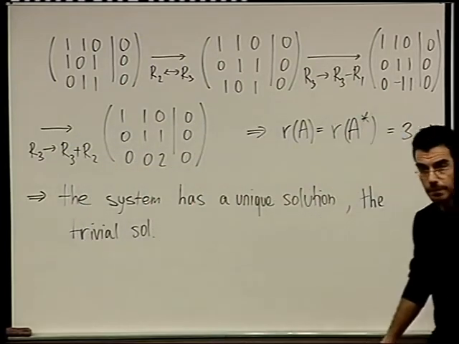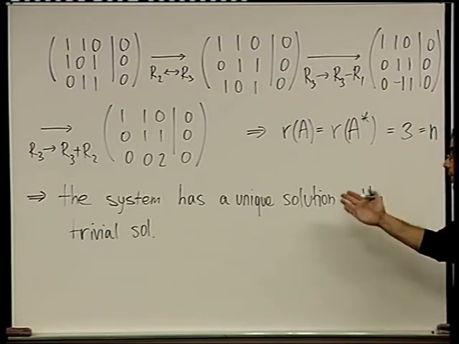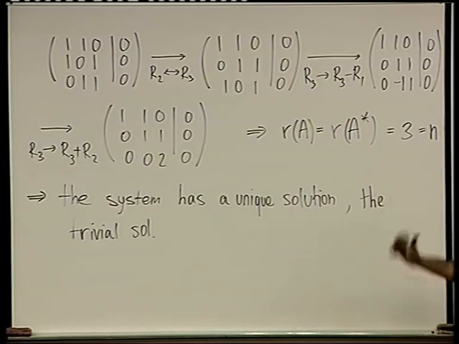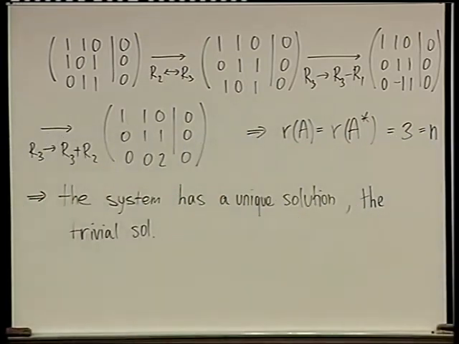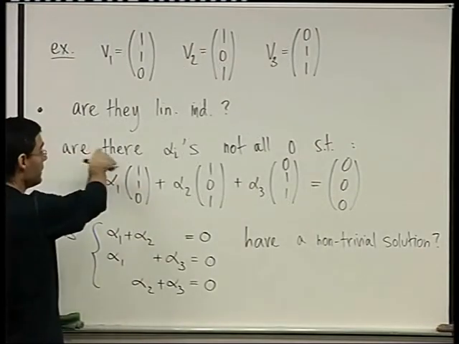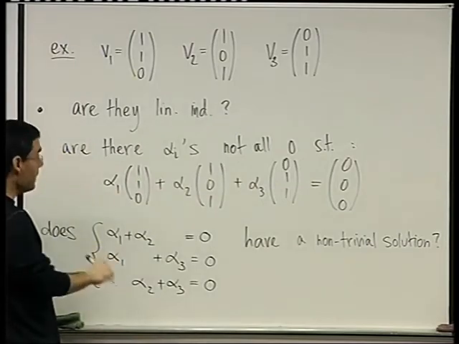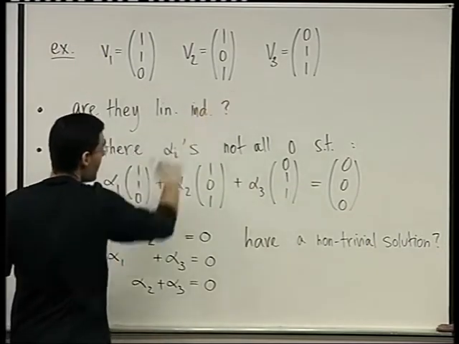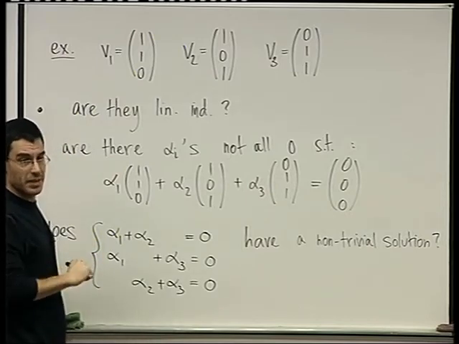Do you agree? Okay. So what was the question we were asking? Is there a non-trivial solution to this system? The answer is no. There's only the trivial solution. Meaning we can now trace back where we started. This system only has the trivial solution, meaning that the only alpha i's that solve this are all 0. Meaning that these 3 vectors are linearly independent by definition.